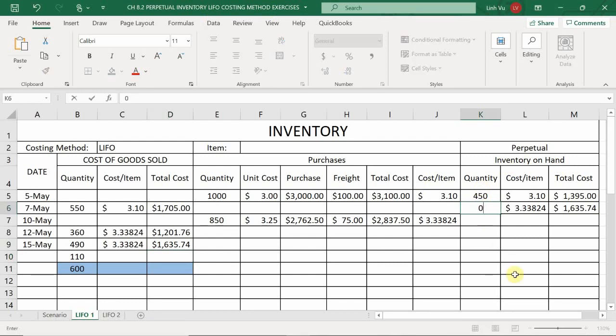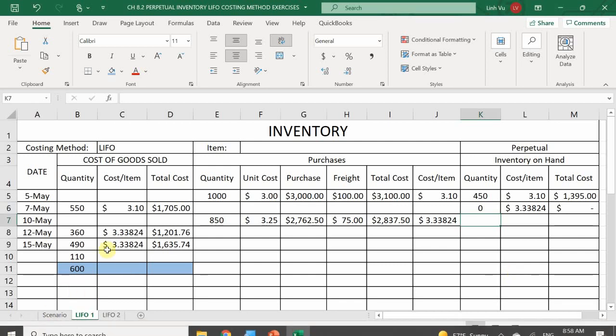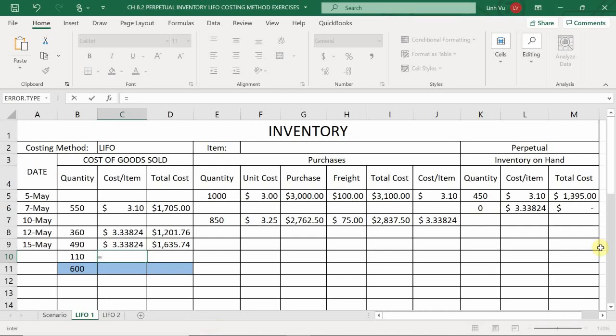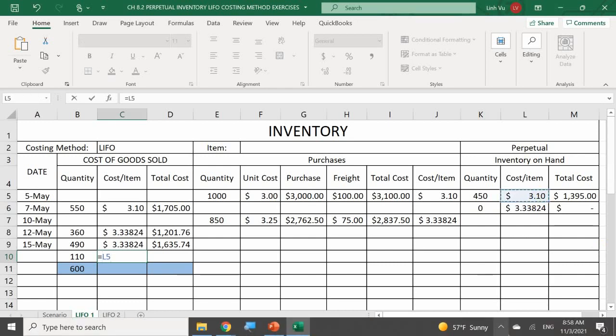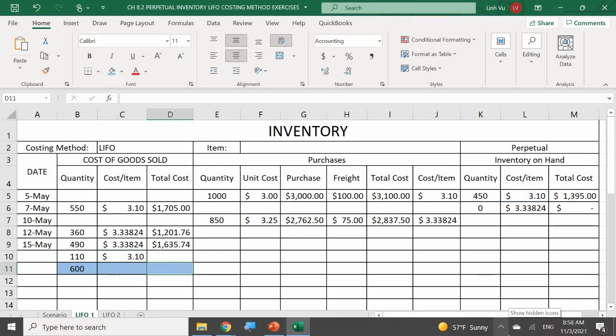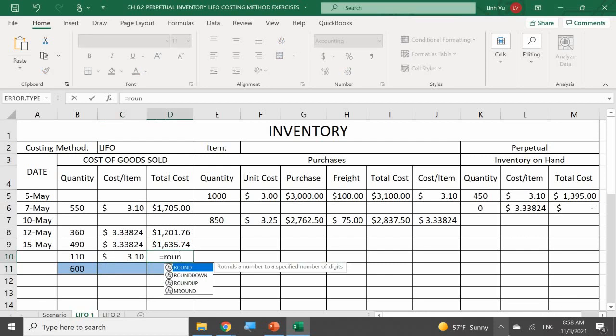That means this becomes 0. Now I only have 1 batch of inventory left, and I'm going to cost that at my $3.10 each.